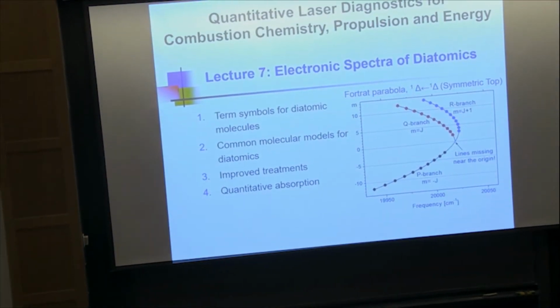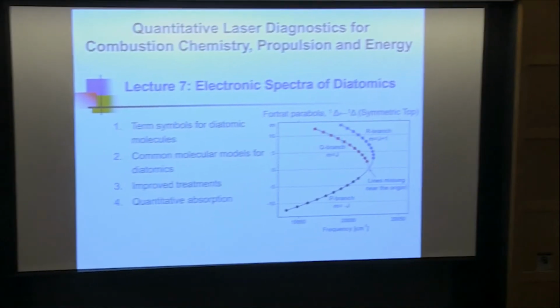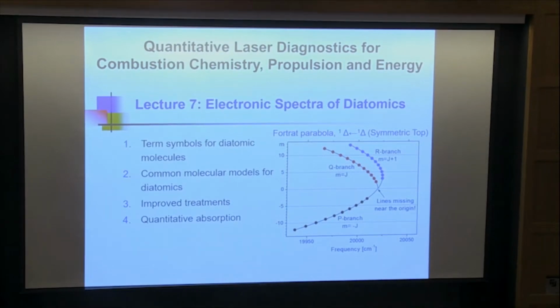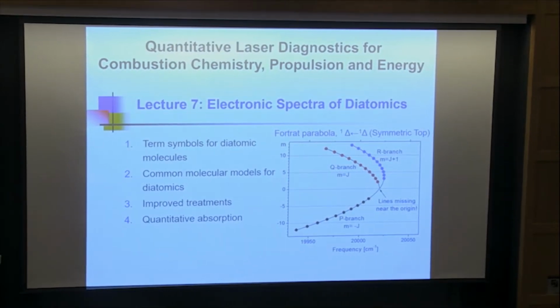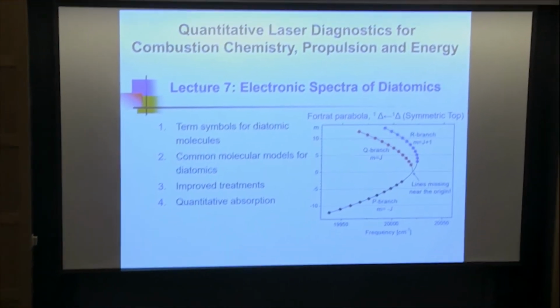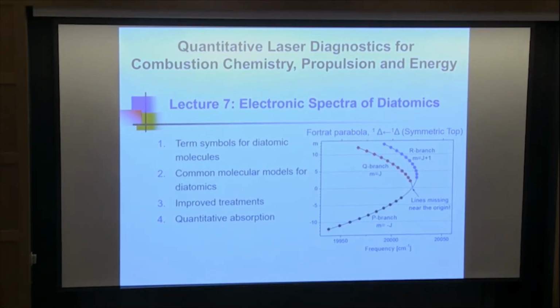And you'll notice that there's a P branch, there's an R branch, and there's a Q branch. All that means is that we've looked at a situation that allows delta J of minus 1, 0, and plus 1. And it'll be interesting to see which of these branches is the strongest. And you'll see why that's important.